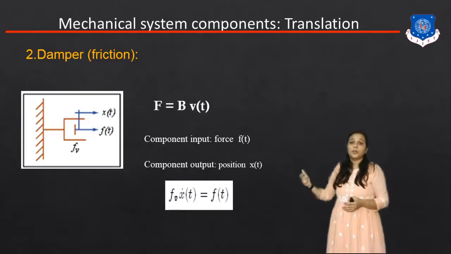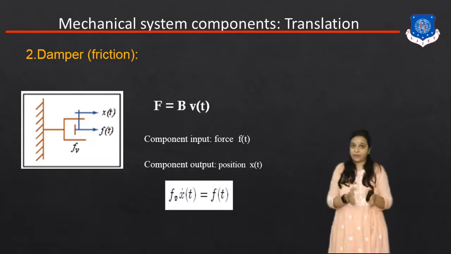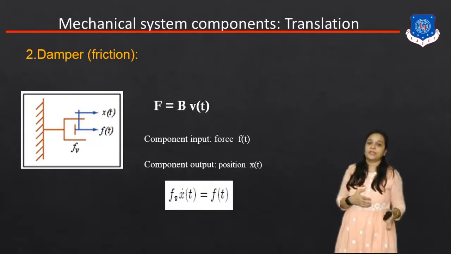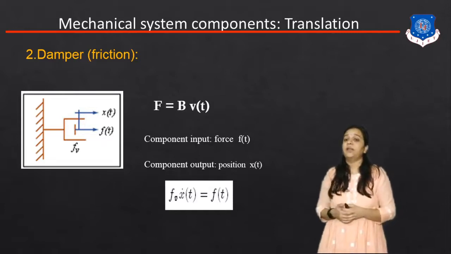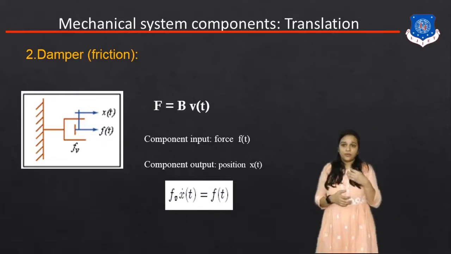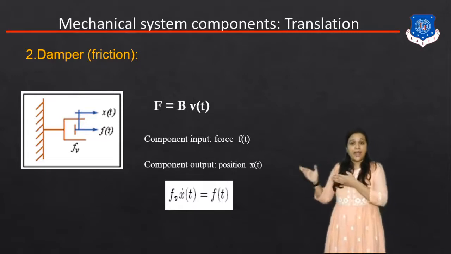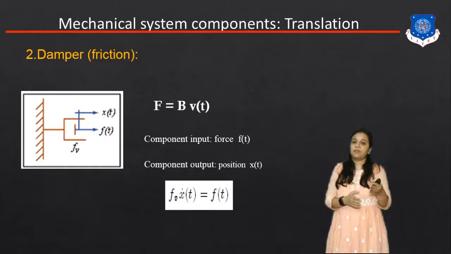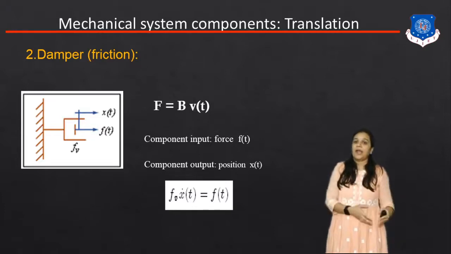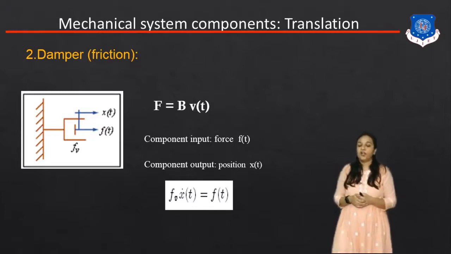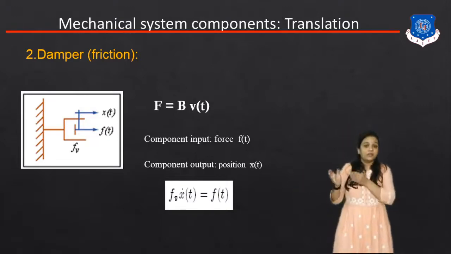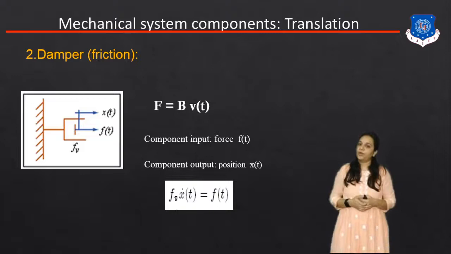Here the component input is the force f(t), the component output is the position x(t), and the equation for the damper is v x dot(t), or v dx/dt, equal to f(t), because the relation of v and x is v = dx/dt.